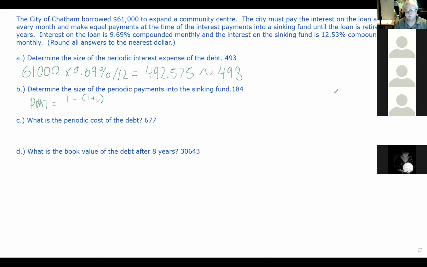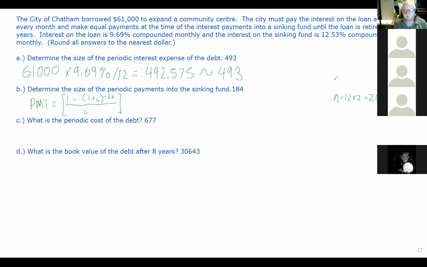So N here is 12 times 2 equals 24. So this should be a negative 24. So this should give us the size of the payment. Let's see if it does give us anything sensible.